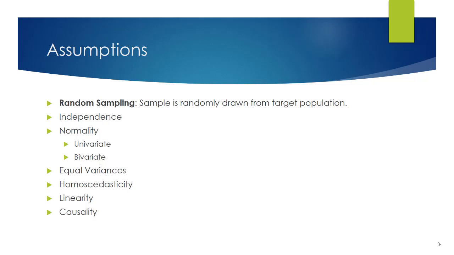With random sampling, the sample is randomly drawn from the target population. So by this, if we were focused on West Texas A&M University and the 9,000 plus students at West Texas A&M University, if I wanted to draw a random sample, I would need all of the individuals from West Texas A&M University within a data set or a pool of individuals.